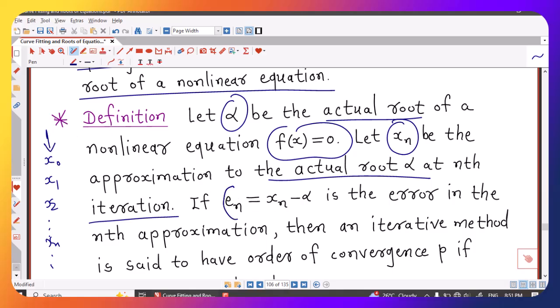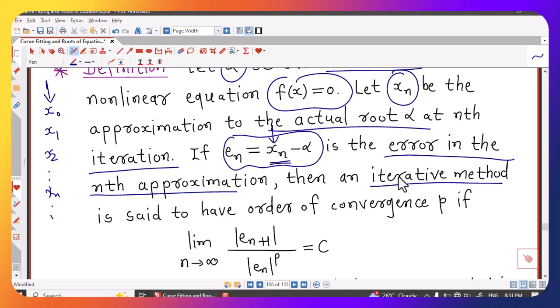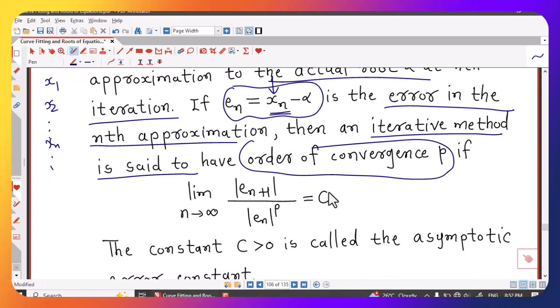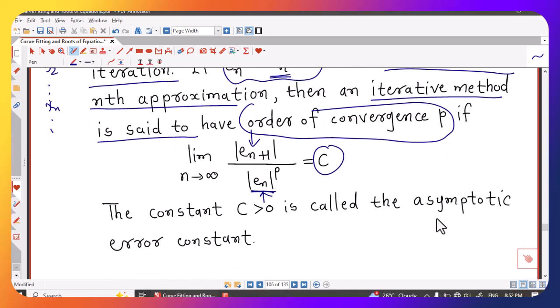Now suppose en is the difference between the actual root and the nth approximation to the root, that is, the error in the nth approximation. Then an iterative method is said to have order of convergence p if the limit of the absolute value of e(n+1), that is the error in the (n+1)th iteration, divided by the pth power of the absolute value of en, is equal to c, and this c is a positive constant known as the asymptotic error constant.